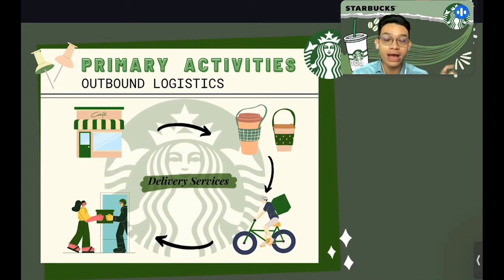However, there are instances where the customers will use delivery services such as GrabFood, Uber Eats, or even Foodpanda, and much more depending on what is available in the country. So with that, this is actually the only outbound logistics that involves Starbucks and its customers.